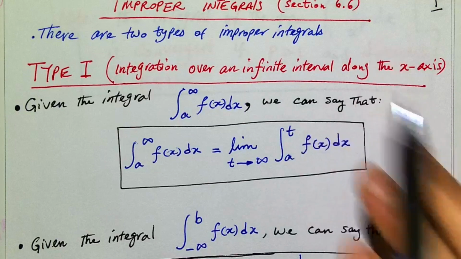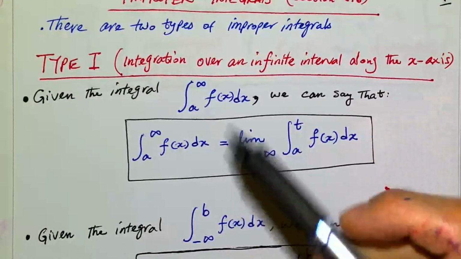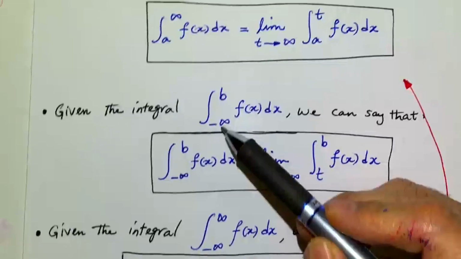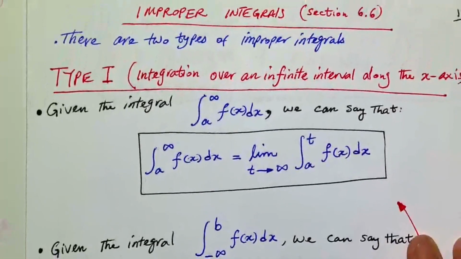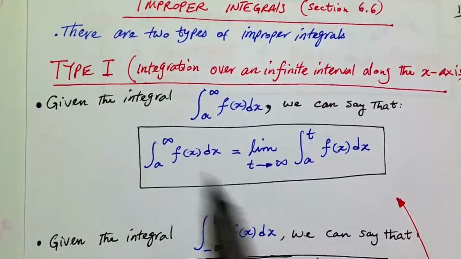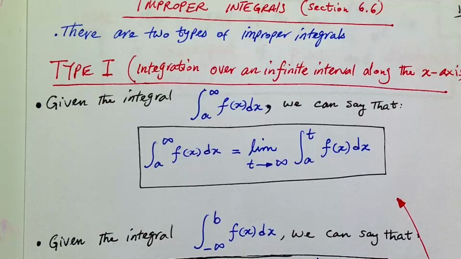By the way, all these cases that I just mentioned, where the top limit, the bottom limit, or both limits of integration are set to infinity, are type 1 of improper integrals. There are two types, and we will look at both with examples.